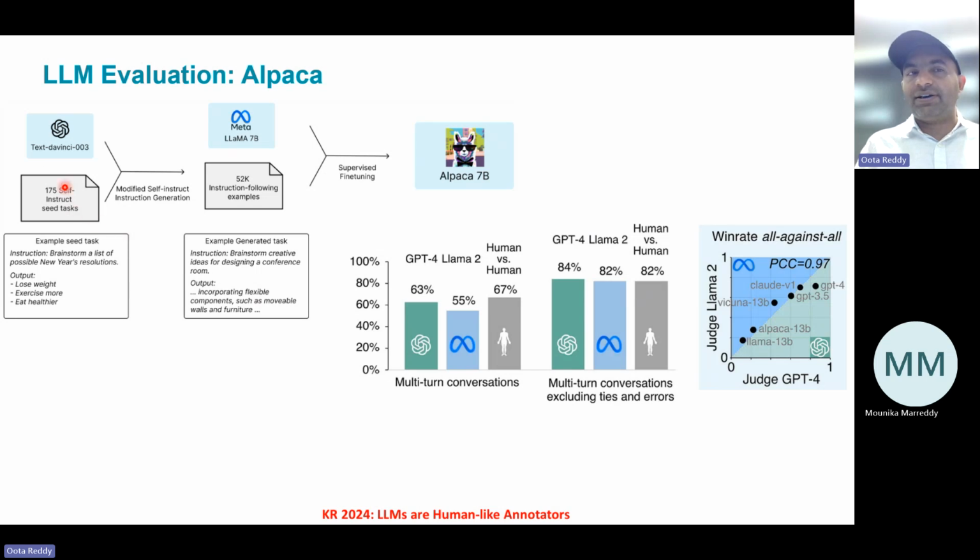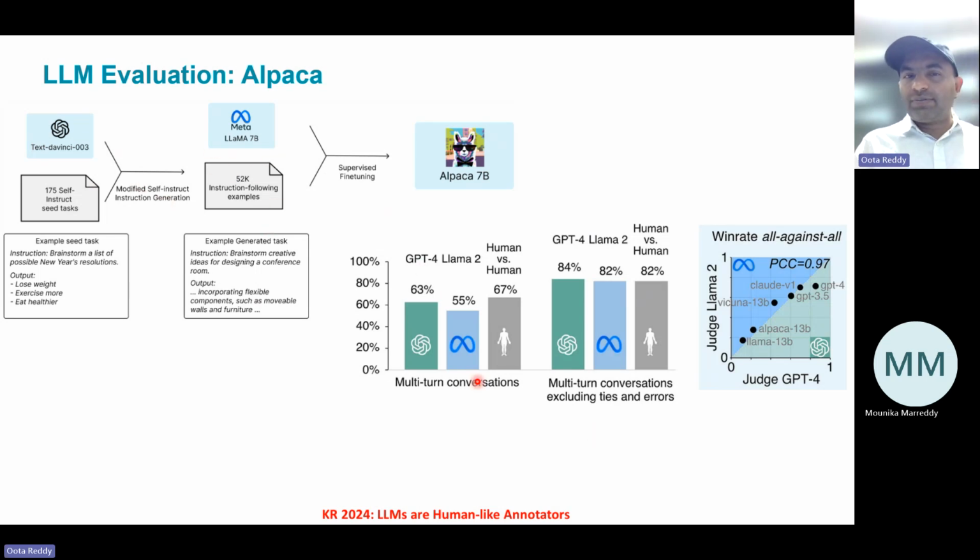These are the self-generated instructions. After generating them, they take these instructions and fine-tune any language model, and finally they evaluate it. Here GPT-4 is the evaluator they finally use, and for the instructions they use any open source language model.